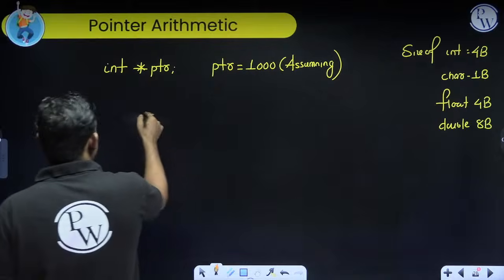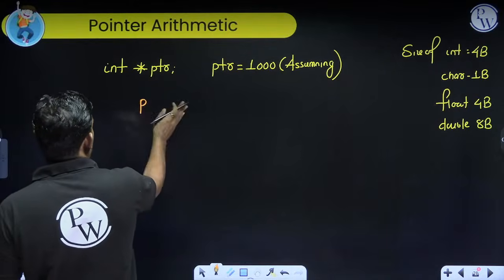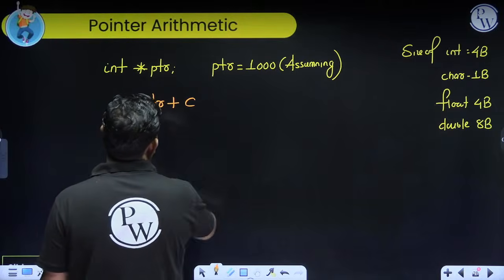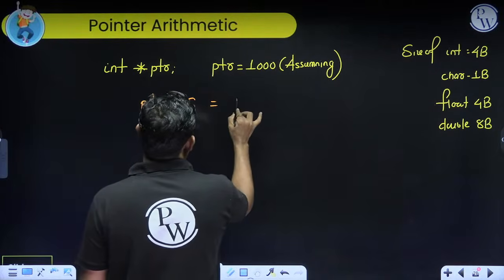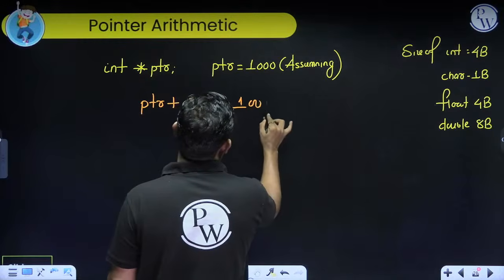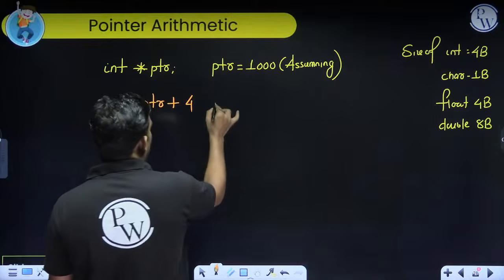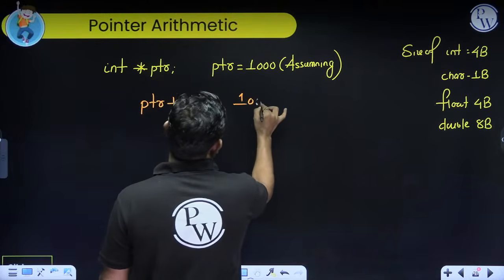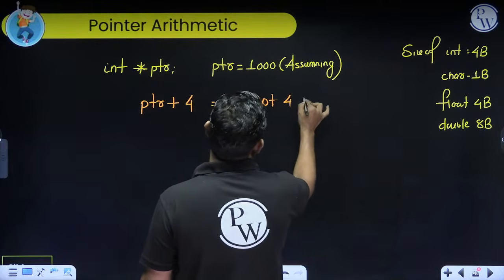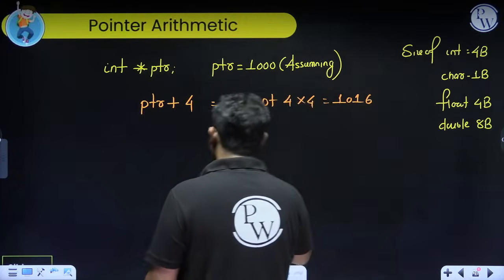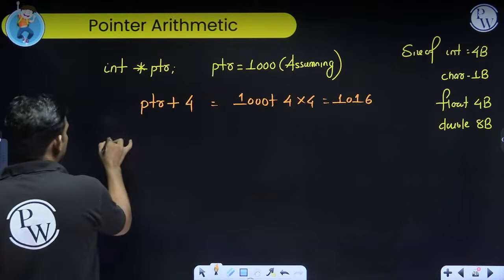Now if it is an integer pointer and I say PTR plus C, let's take PTR plus 4, where the pointer is 1000. Then this will be 1000 plus 4 into 4, and it becomes 1016, because it's an integer pointer.